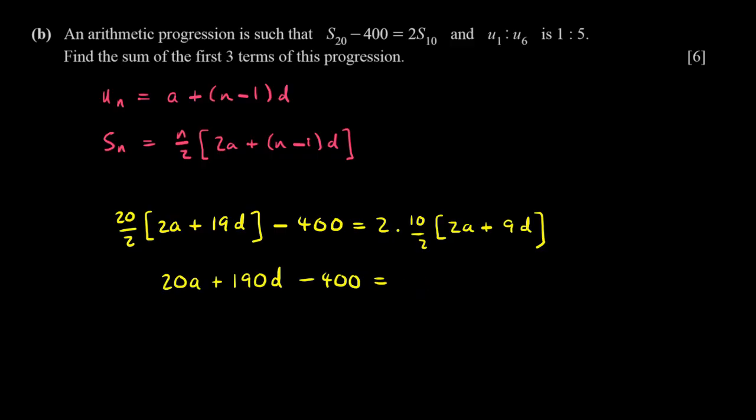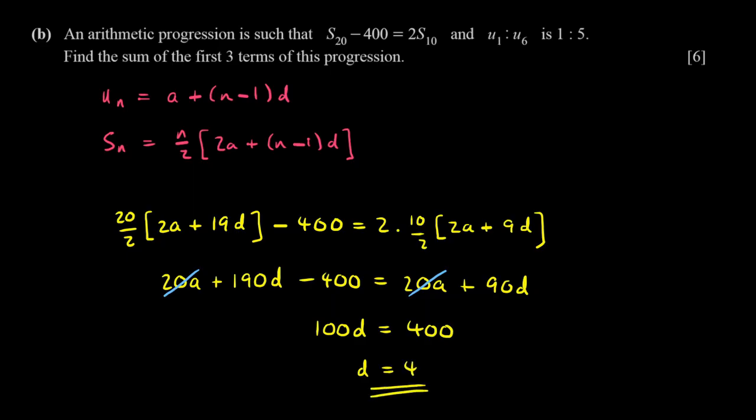So 10 times by 2a is 20a plus 10 times by 9d, which is 90d. So we can simplify this. Firstly, we can subtract off the 20a from both sides. So that cancels and that cancels. And then we're going to have subtracting 90d from both sides. So I'm going to be left with 100d on the left-hand side. I'm going to add 400 to both sides. And that means that d in this case is equal to 4.